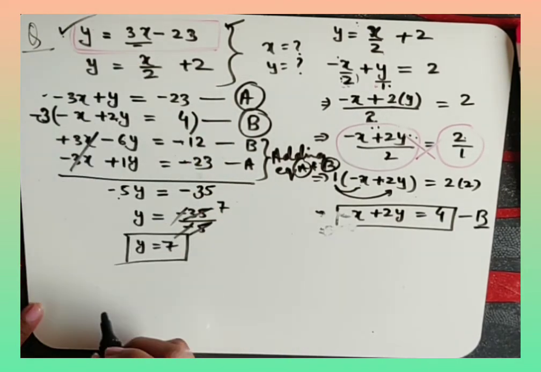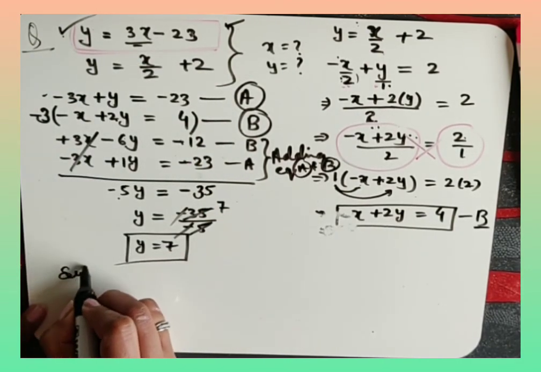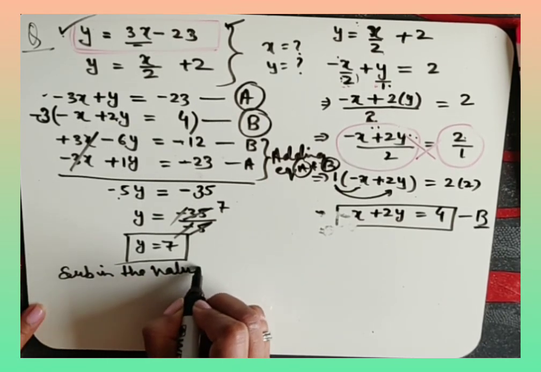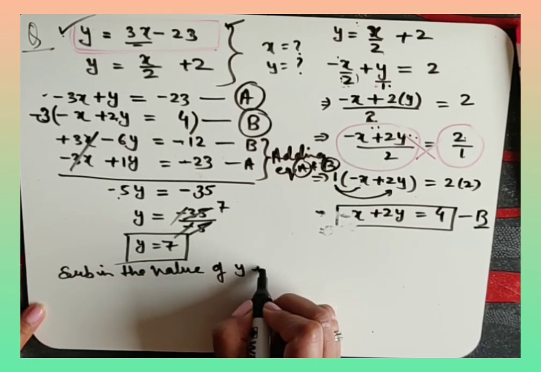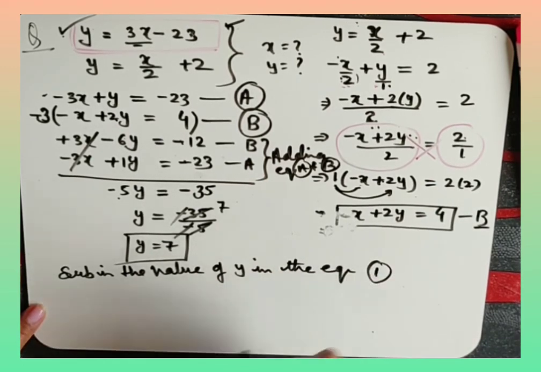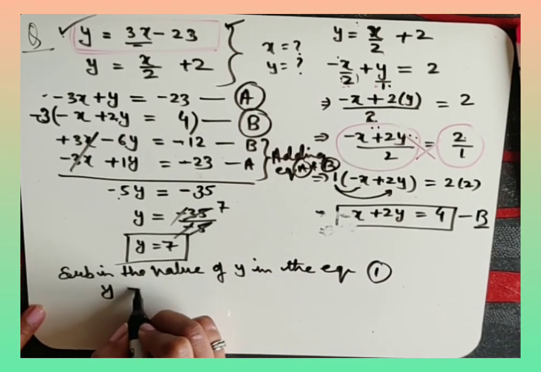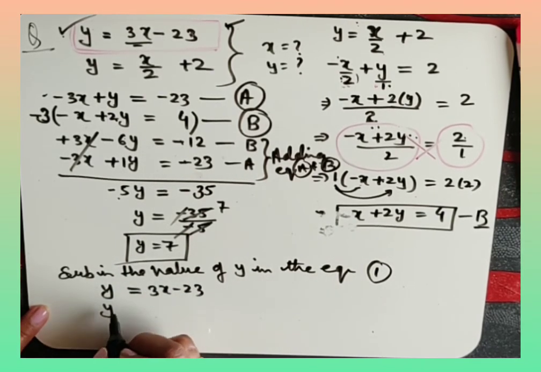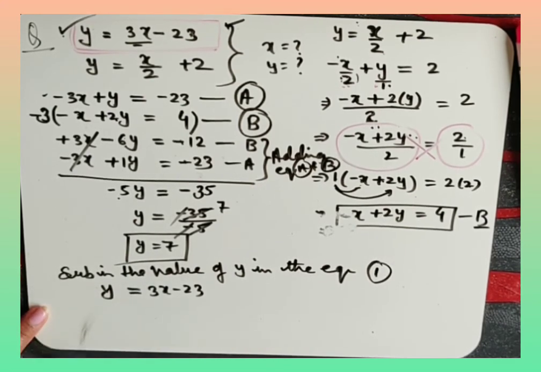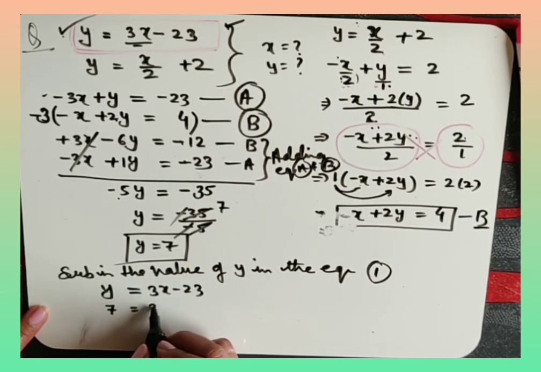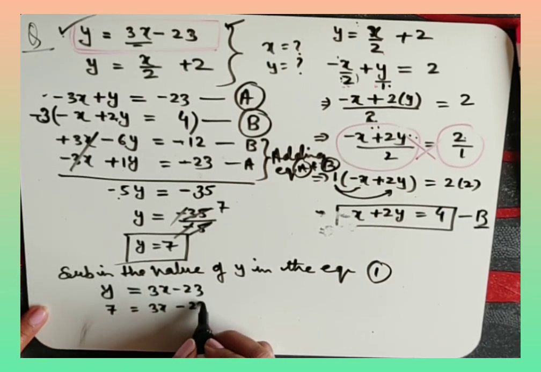I am going to take equation 1. So substitute the value of y in equation 1. Write down equation 1: y equal to 3x minus 23. The value of y is 7. So in place of y, write down 7 equal to 3x minus 23.